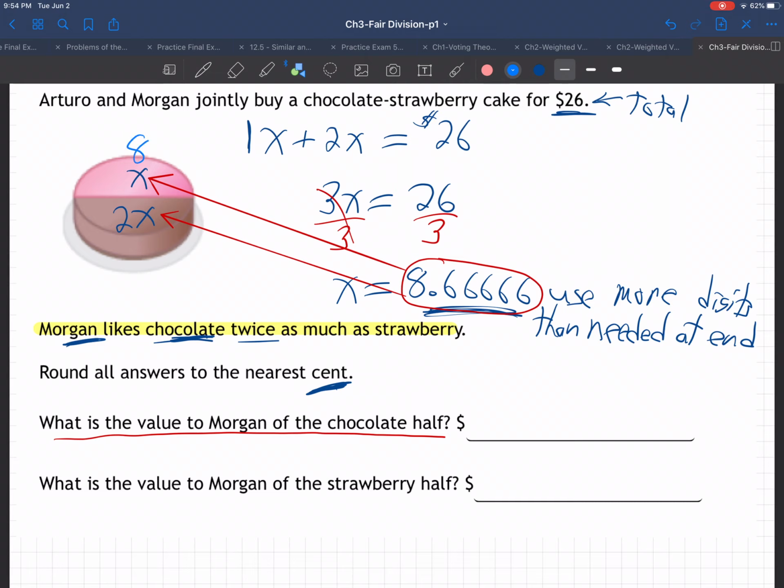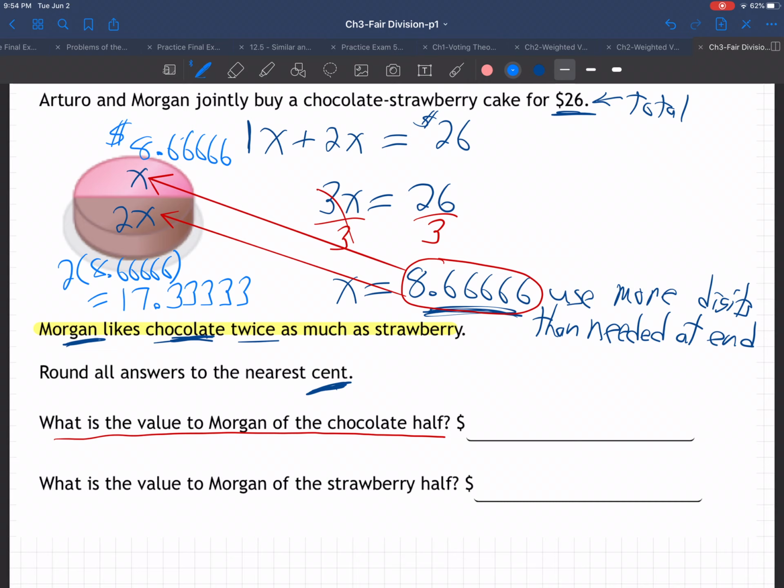So this part's just going to be $8, and I'll round it, 67 cents for that half. Well, again, I better use more accuracy like I said. So 8.66, a bunch of 6's. This one is going to be 2 times 8.66666. So multiplying by 2, I'm getting, for the chocolate half, 17 with 3's that go forever.